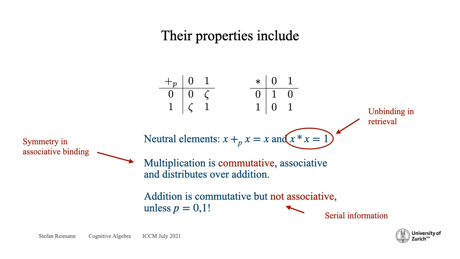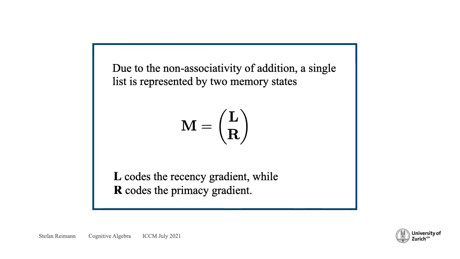Third, and most importantly, addition is not associative. The following is a necessary consequence of the so-defined bundling operation. Because of its non-associativity, one has to distinguish between two modes of addition. One is left associative addition, the other one is right associative addition. The corresponding left sum is denoted by L and the right sum is denoted by R, and both are different.